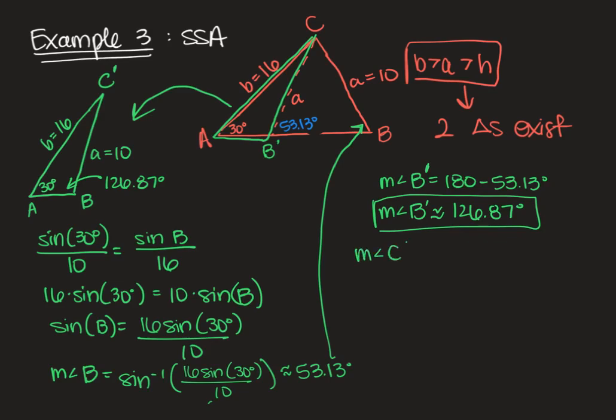Measurement of angle C prime is equal to 180 minus 126.87 minus 30 degrees. And so we get 23.13 degrees for C prime.